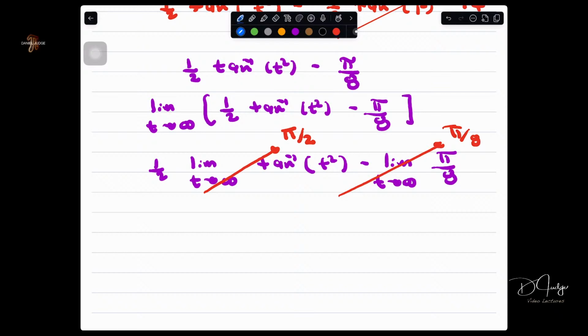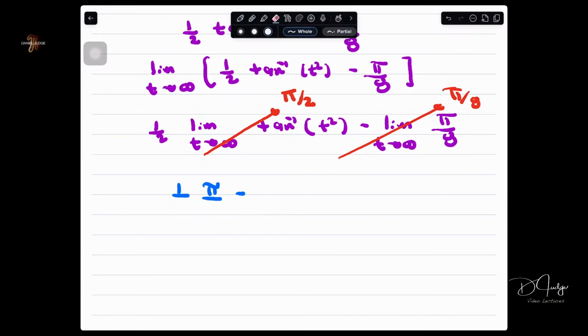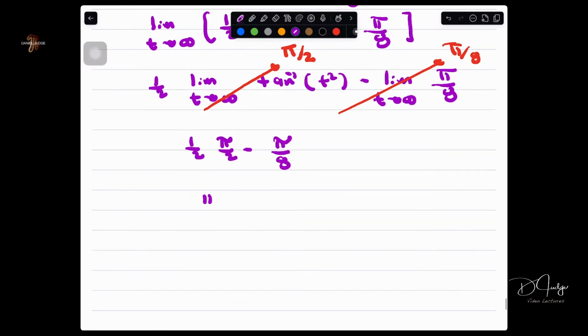So here's what we have. 1/2 times pi over 2 minus pi over 8. Just double checking. And this will be pi over 4 minus pi over 8.